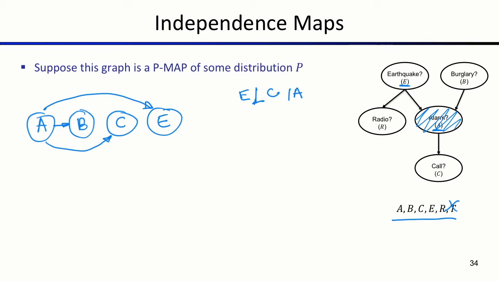So there is no connection between E and C, but as I have A observed, there will be influence between E and B, and it means that we need an edge between E and B.